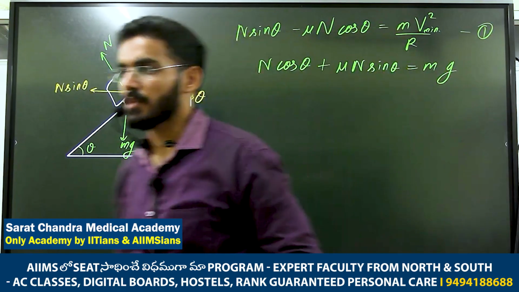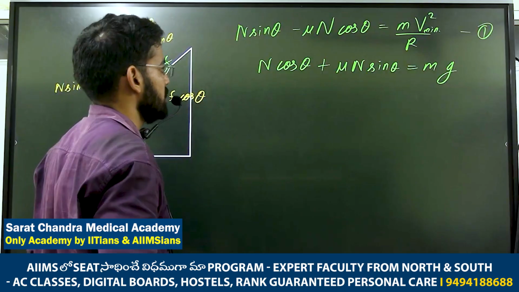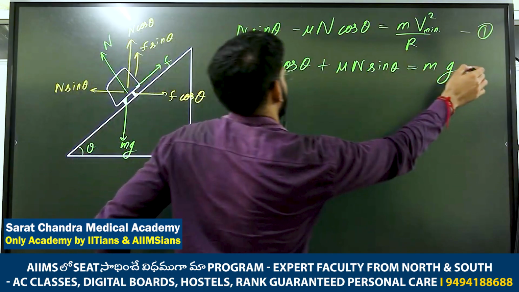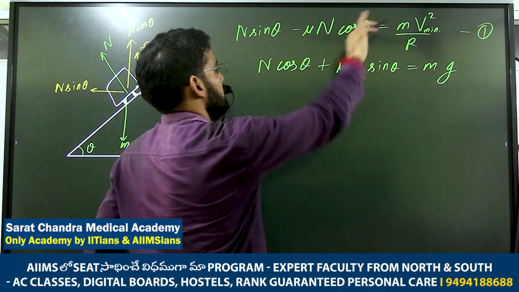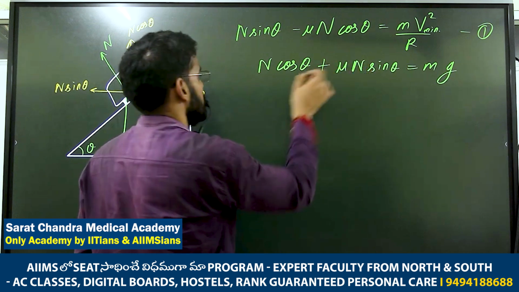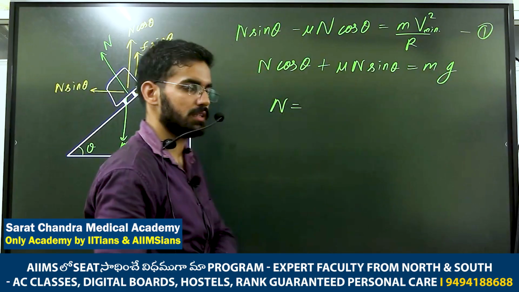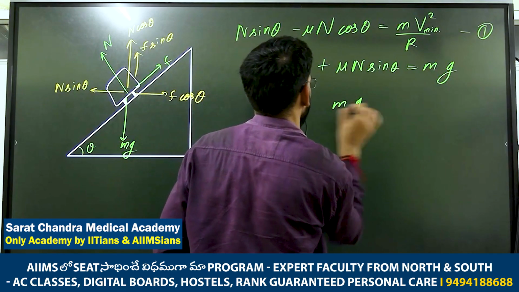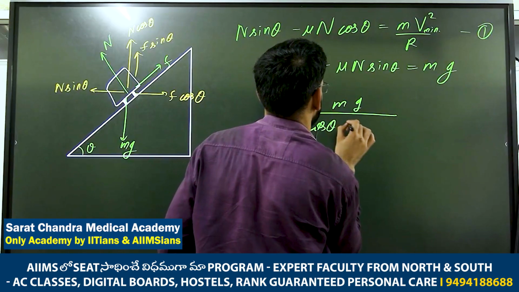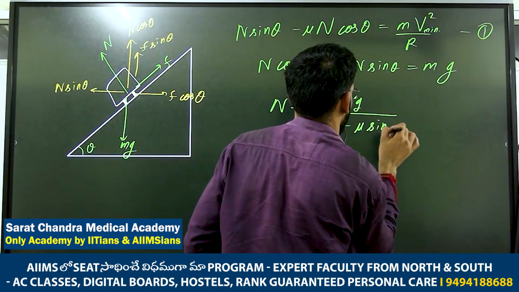Okay. From the second equation, calculate the normal value. Put it in the first equation. Normal is how much from here? Normal common, cos theta plus mu sin theta. So what will come? mg by cos theta plus mu sin theta.